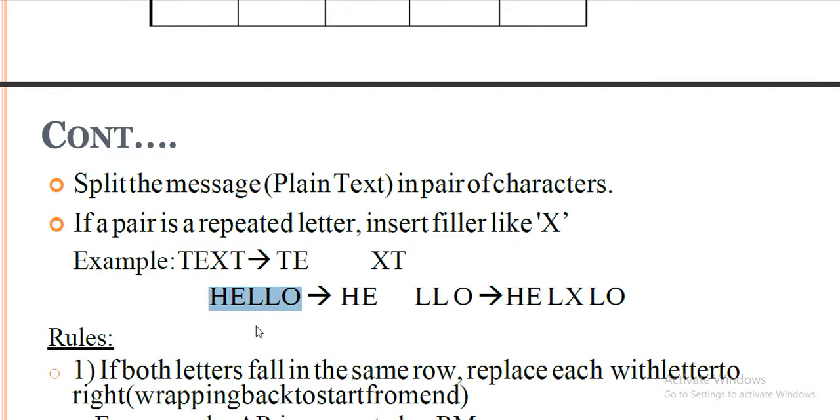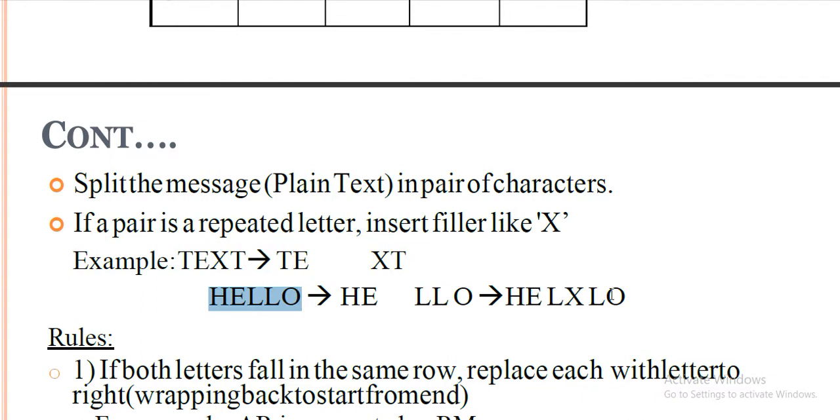But even so we are able to make the pairs, because the two L's are the same letters, so to divide the two L's we put X to separate both. So HELXLO, it becomes that way. Again it becomes a combination of 6 alphabets, so it's an even number and we are able to make pairs.